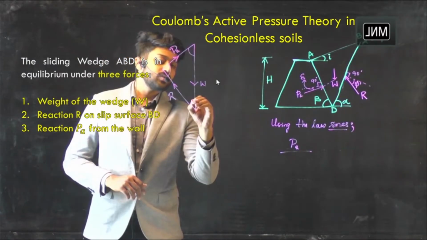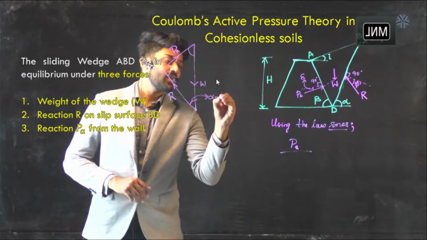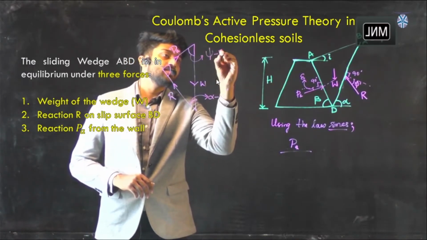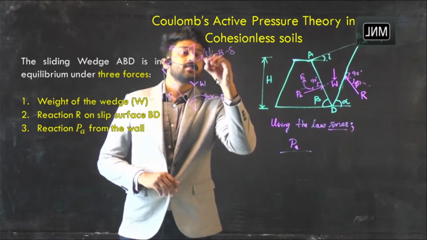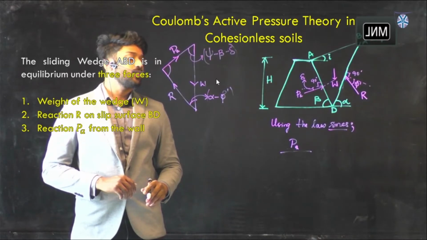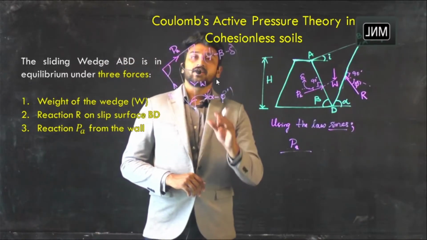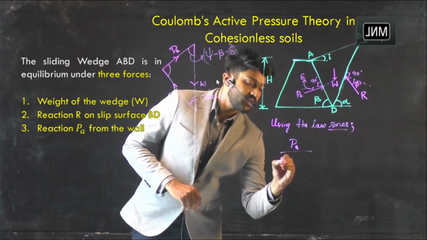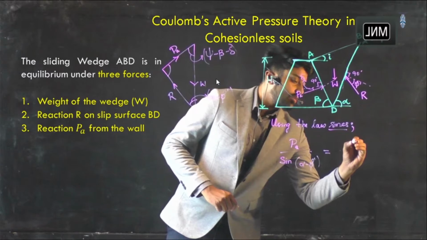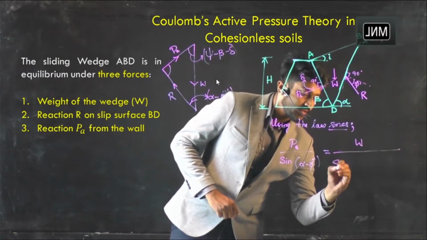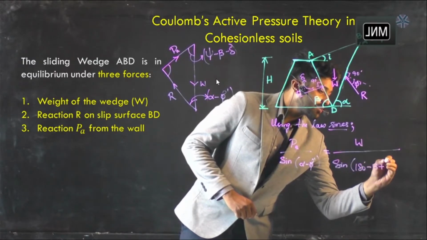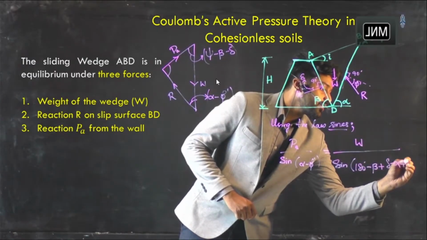So this angle is alpha minus phi dash, and this angle is xi minus beta minus delta. Considering the law of sines, this particular force PA by sine of alpha minus phi dash is equal to W by sine of 180 degree minus beta plus delta minus alpha plus phi dash.